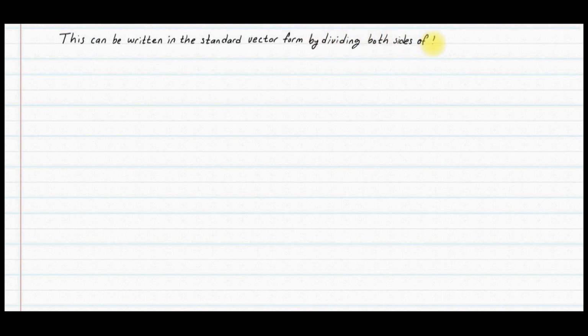This can be written in the standard vector form by dividing both sides of the vector equation of the plane pi by the absolute value of the normal vector n.